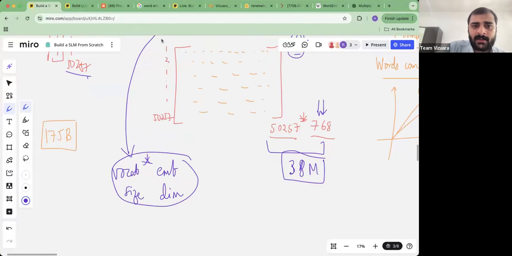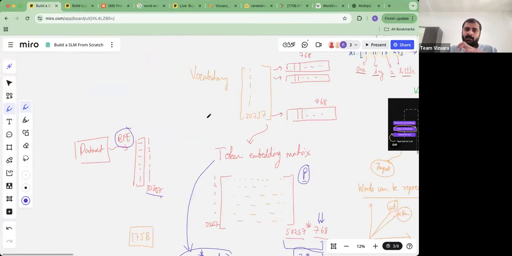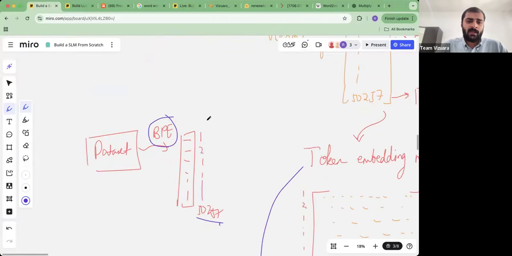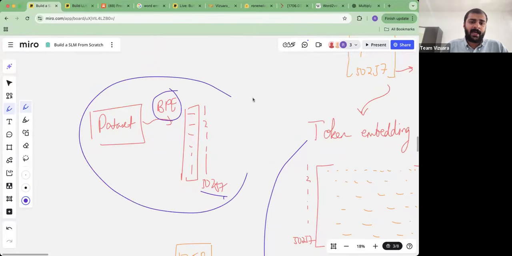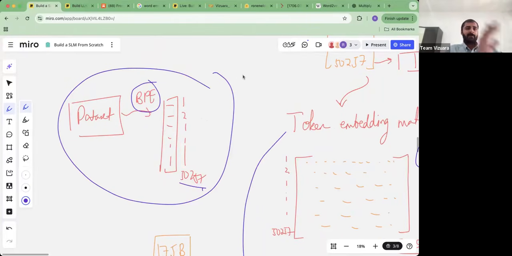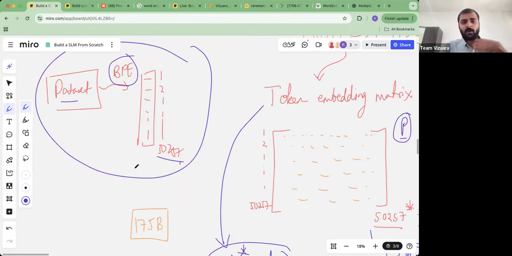Now remember that two things are happening here. We are going to pre-train a small language model in this workshop. I'm not teaching you how to build a byte pair encoder from scratch. That's a completely separate thing and requires a different data set. We are assuming that we already have a vocabulary of 50257 tokens.